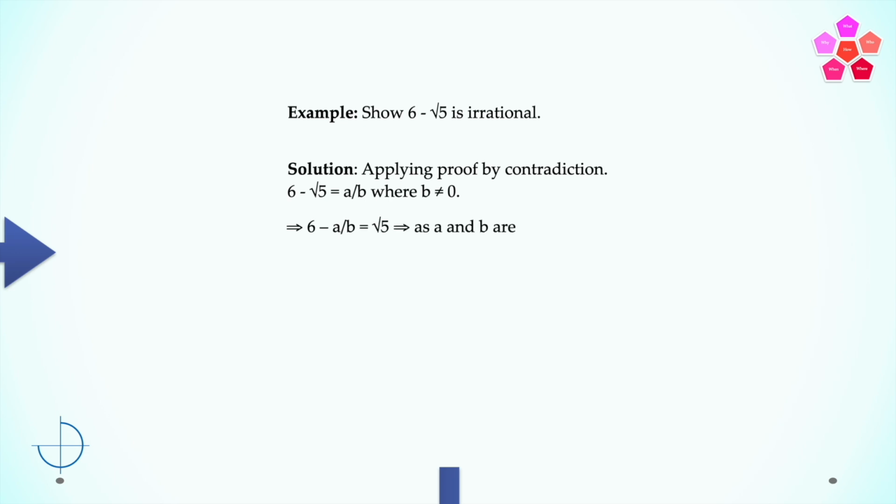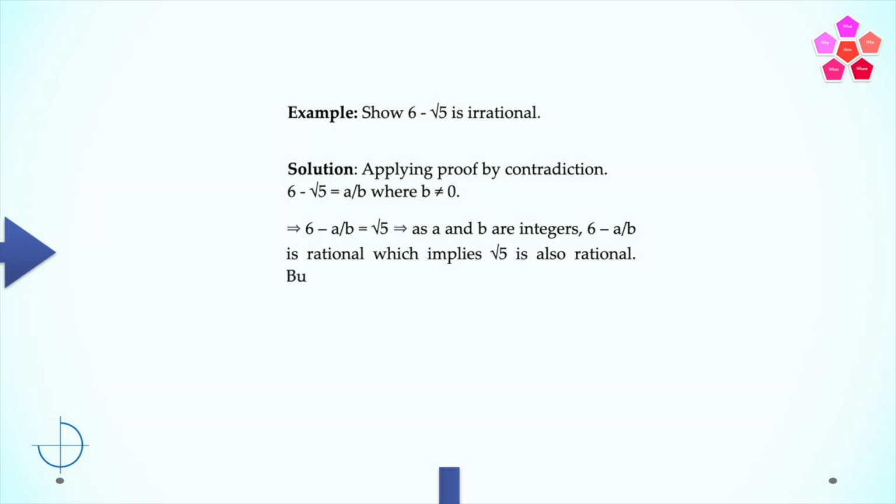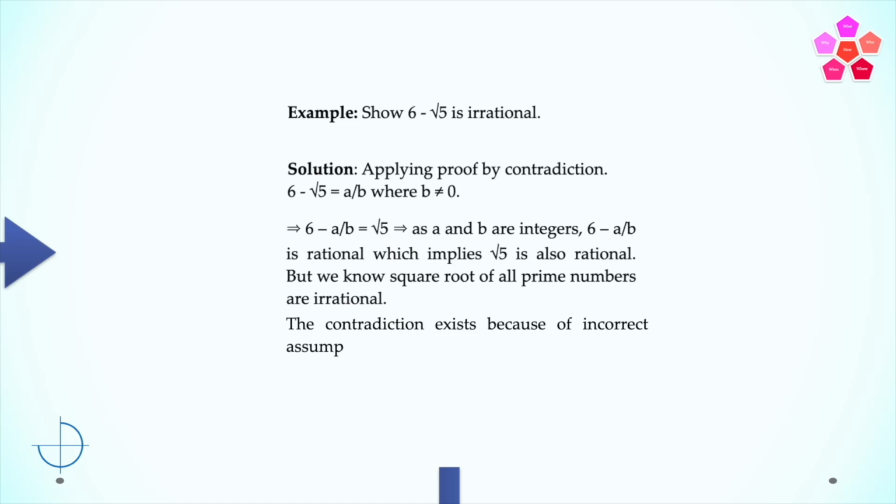As a and b are integers, 6 minus a by b is rational, which implies root 5 also should be rational. But we know the square root of all prime numbers are irrational. The contradiction exists because of the incorrect assumption that 6 minus root 5 is a rational number. Thus we proved that 6 minus root 5 is an irrational number.